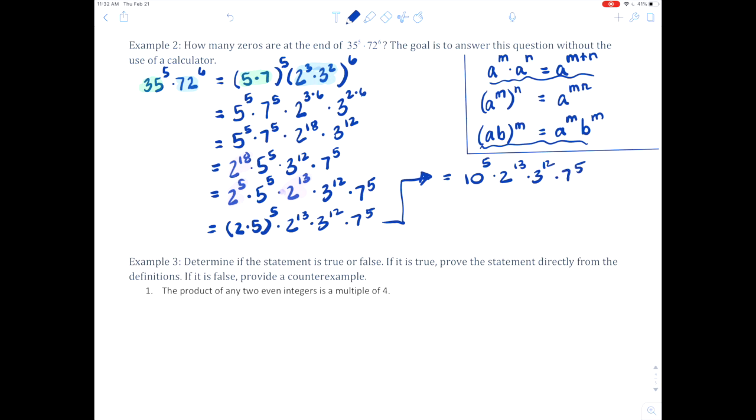So 10 to the 5th means that we're going to have how many zeros? It implies that there will be 5 zeros at the end of 35 to the 5th times 72 to the 6th.